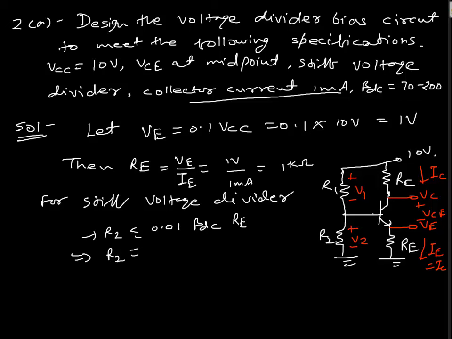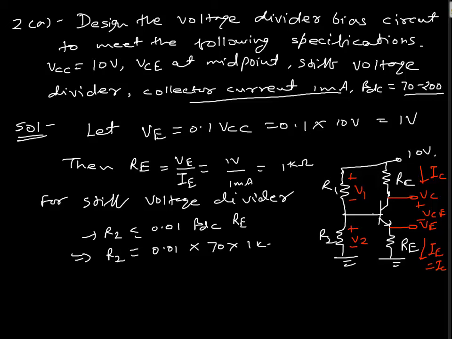So 0.01 into, now beta DC. Beta DC, what value should we take? Beta DC range is given as 70 to 200. So the catch here is we should take the lower value. Okay, so lower value is 70. And what is RE? RE is 1 kilo ohm.